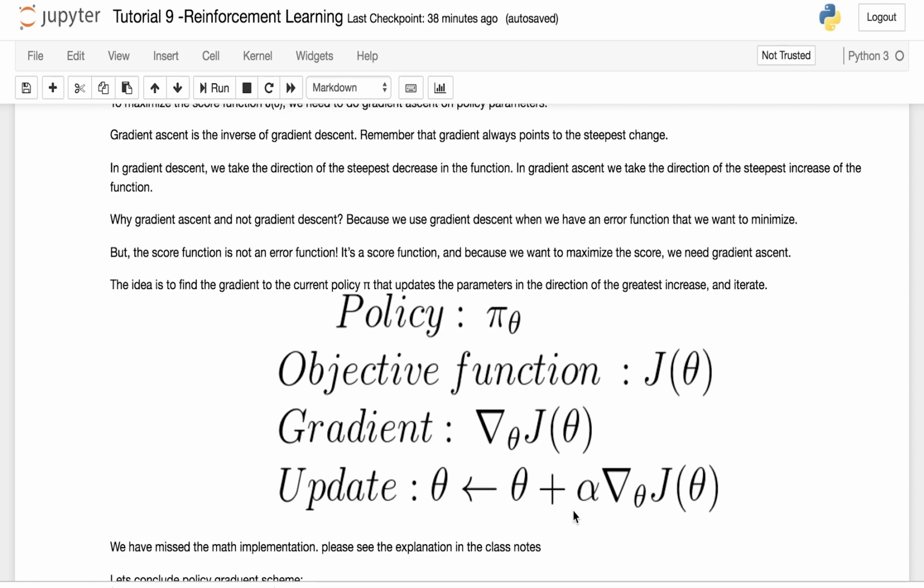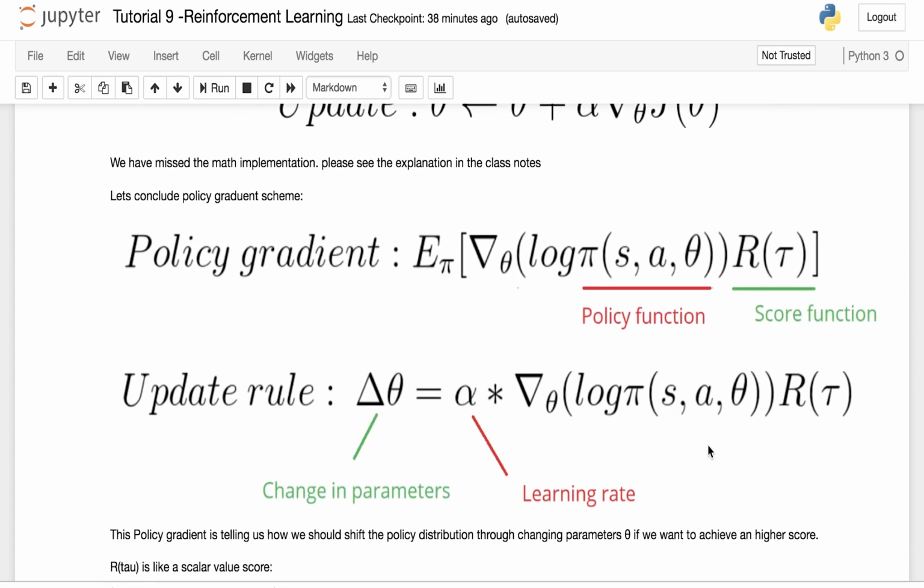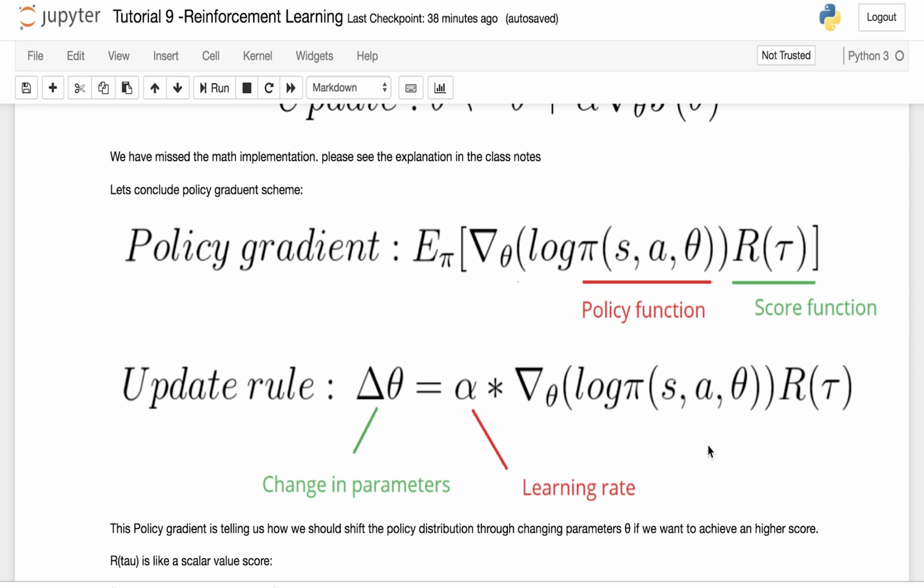In the usual weight update rule it's minus, but here it's plus because we are doing gradient ascent. Alpha is the learning rate, and this is the derivative of our loss function.